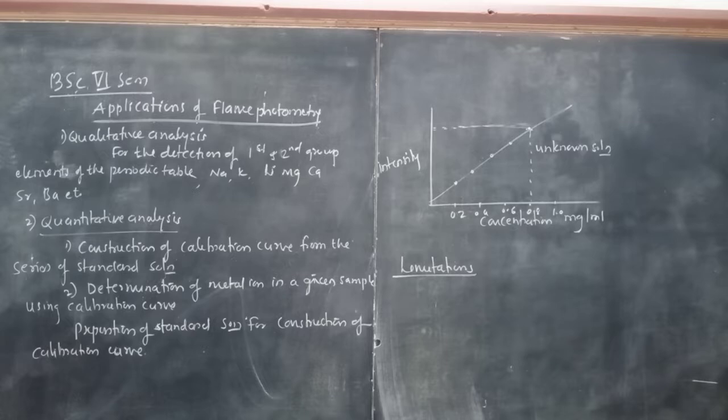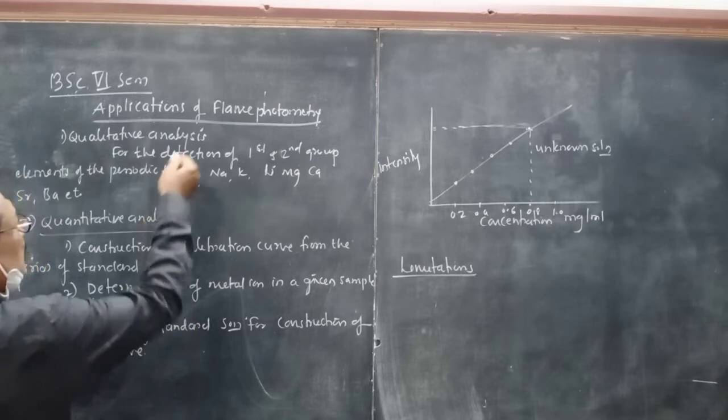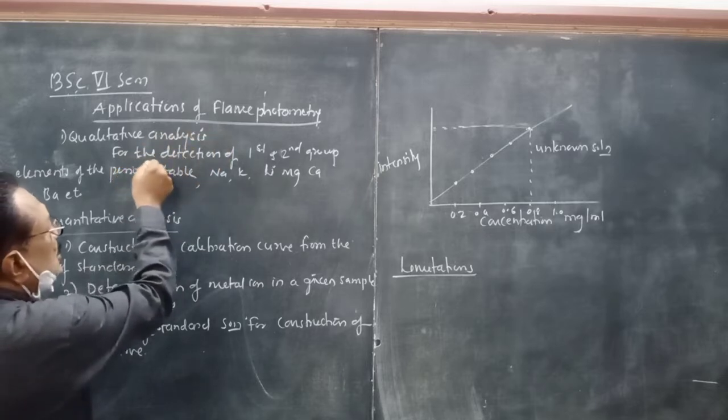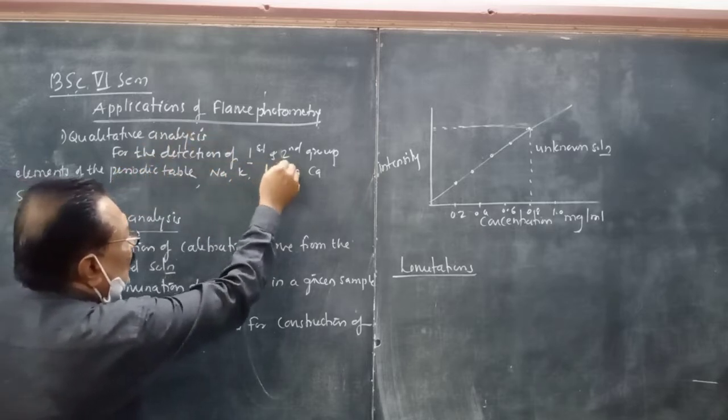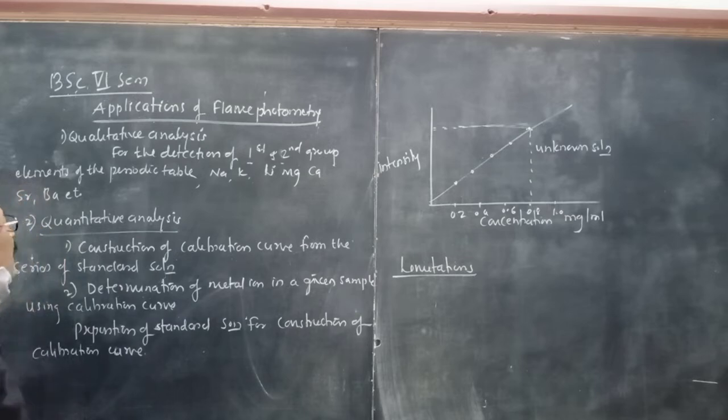Now we go for the important applications of the flame photometric technique. The first one is qualitative analysis. In the qualitative analysis, this flame photometric technique is used for the detection of first group and second group elements of the periodic table.